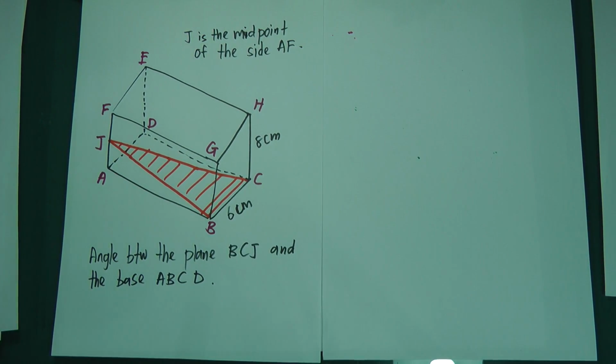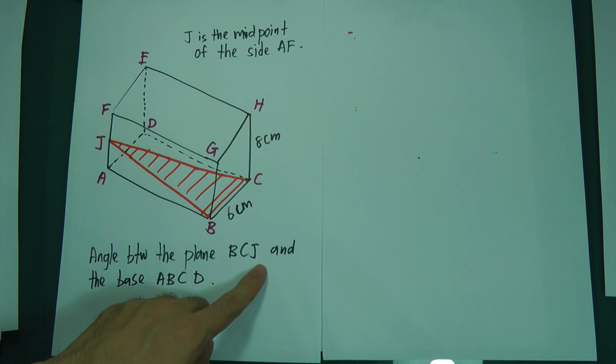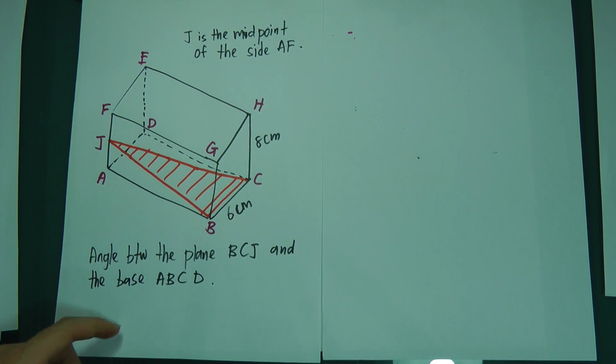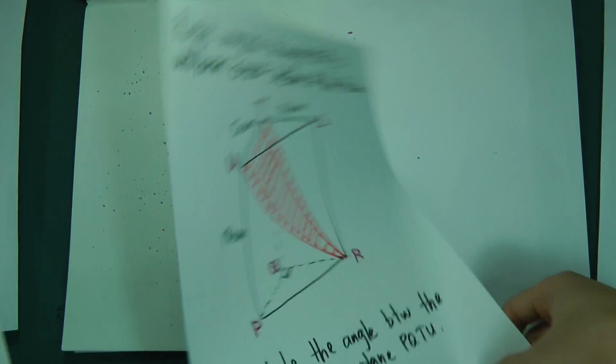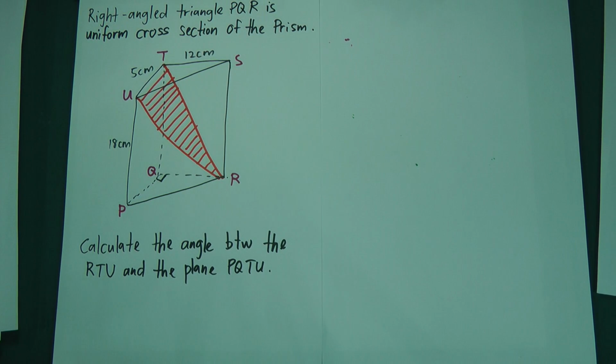Now, this one you got 2 planes. One is they call it plane BCJ. Another one is, okay, we don't go for this one first. Sorry, we go for this one first, because this one actually you got some sort of formula. Okay, we're just going to teach you this formula.